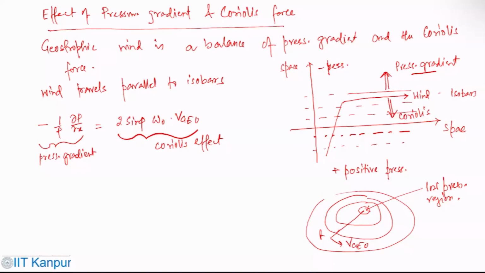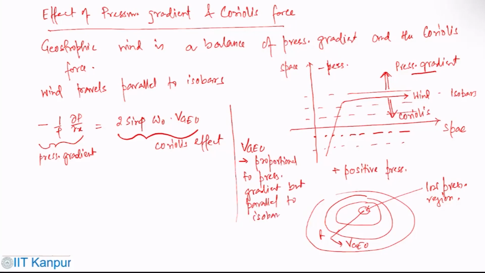What you can note here is that VGO is perpendicular to the pressure gradient, but parallel to isobars.